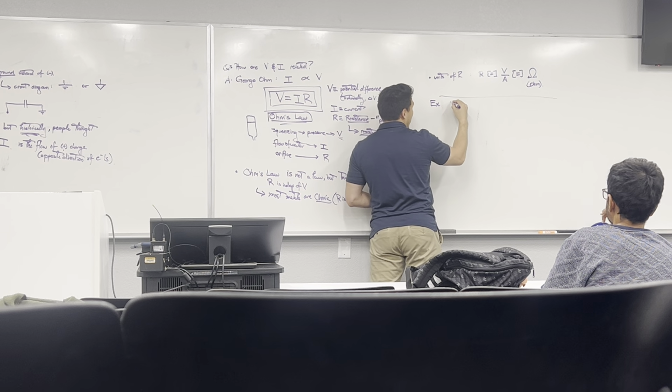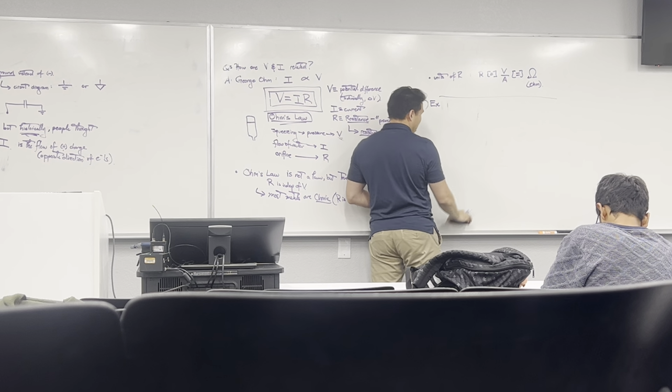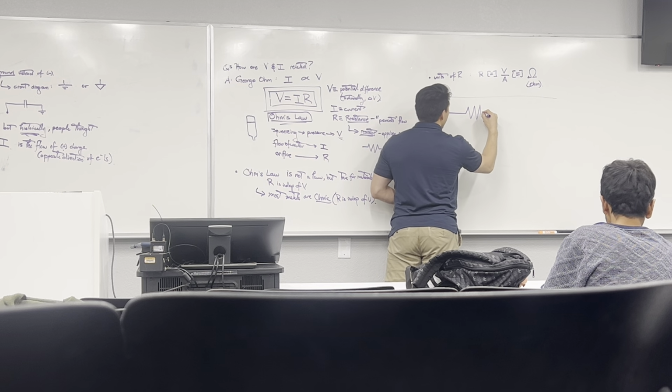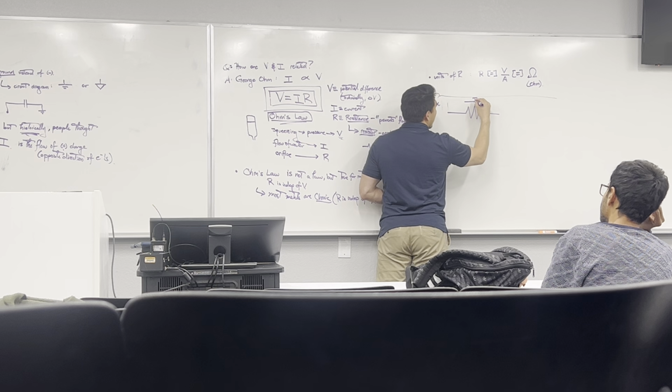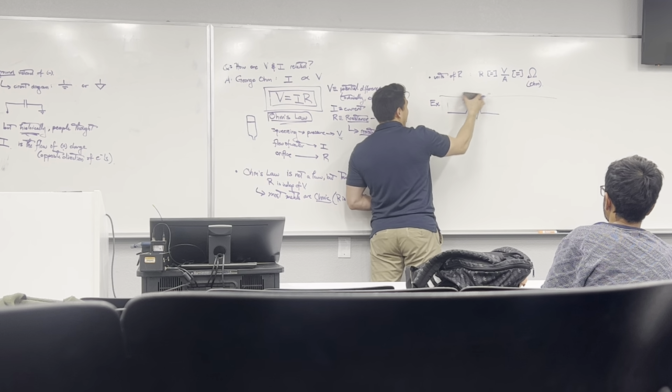Let's do an example. Let's say you have this circuit, or this small section of a circuit. So we're looking across the resistor. I tell you the direction of the current I is that direction.